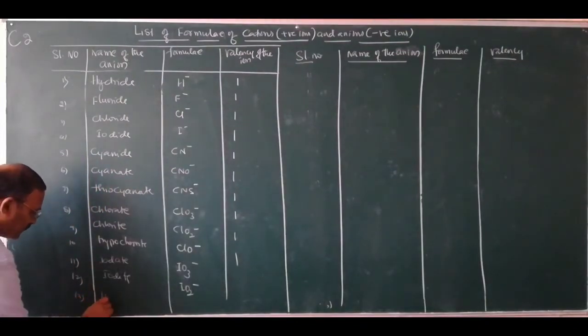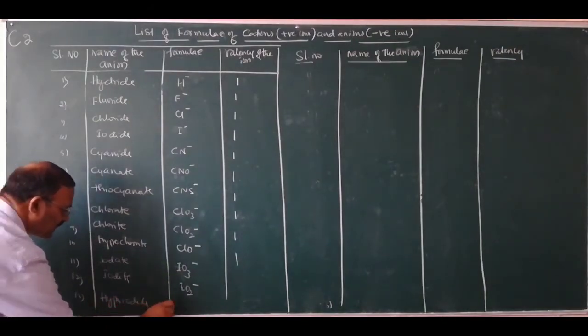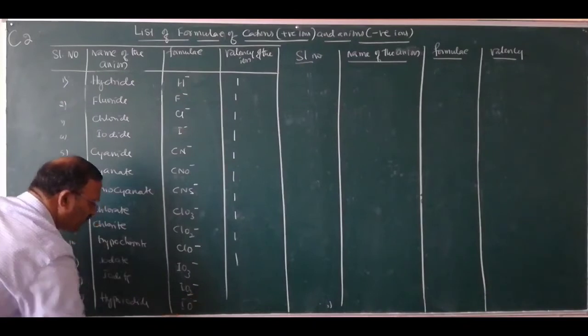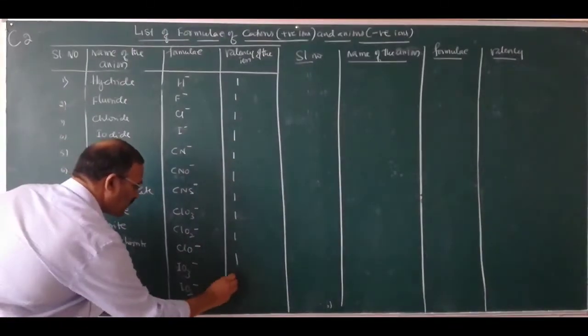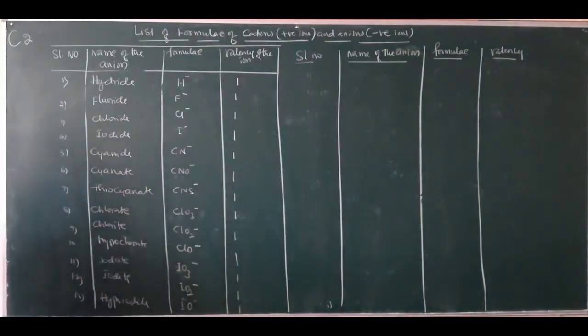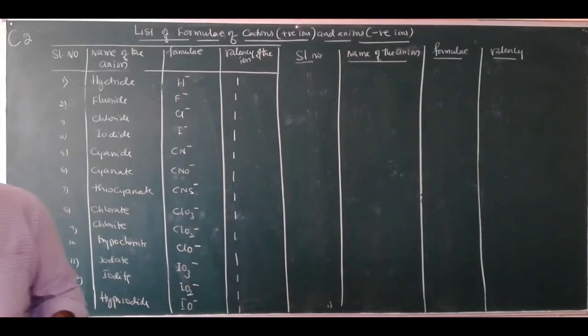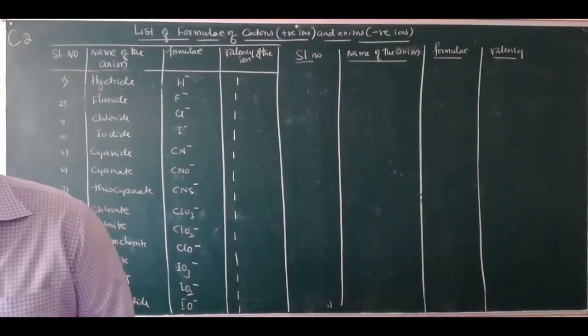Then hypoiodite, that is IO minus. So all these carry one negative charge.